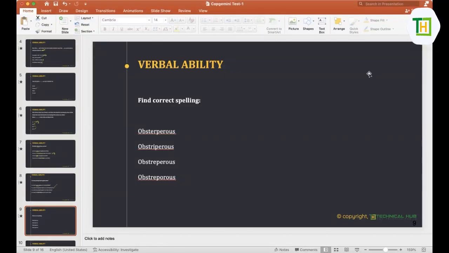Well, I'm sorry. So, find the correct spelling. What is the correct spelling here?